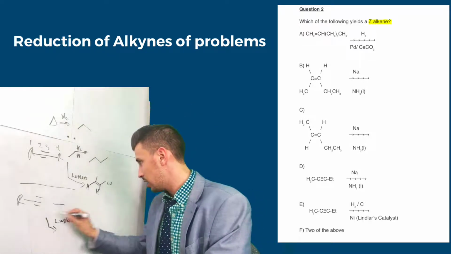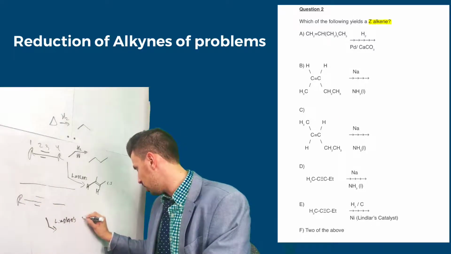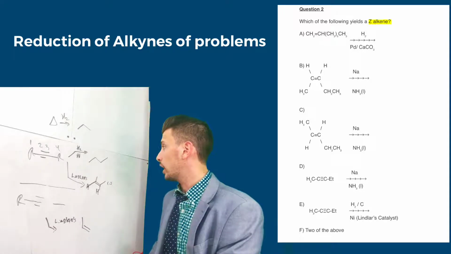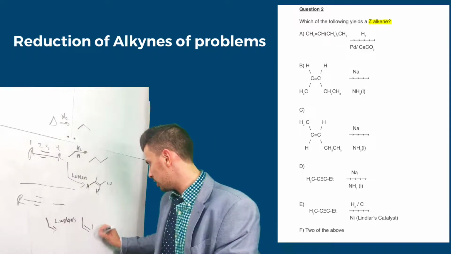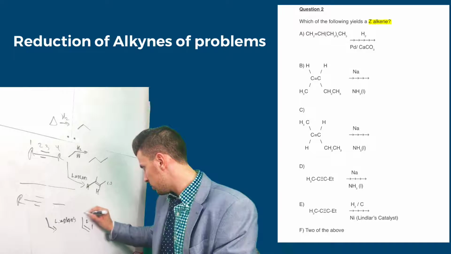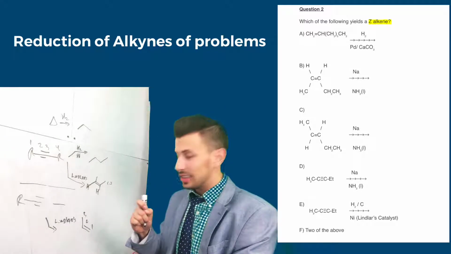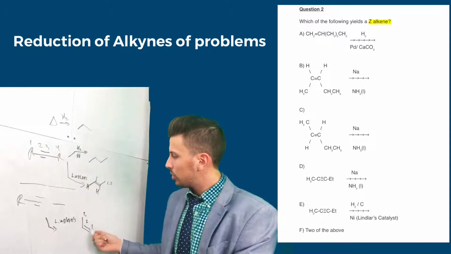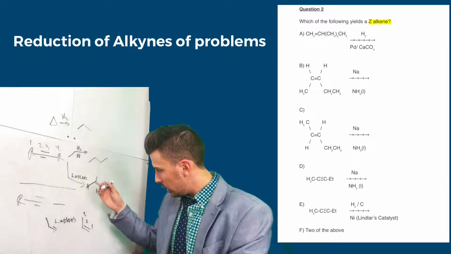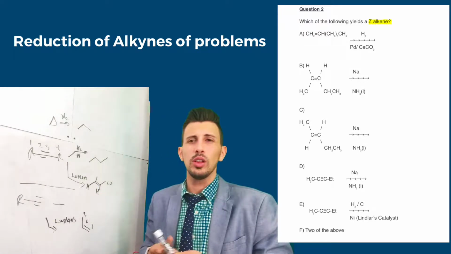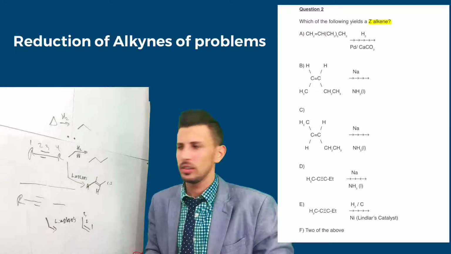Because if you have 1, 2, 3, that's actually going to be 1, 2, 3. This would actually be 1, based on the fact that for nomenclature, we want to give the carbon of the substituent of importance the lowest number possible for the locant.